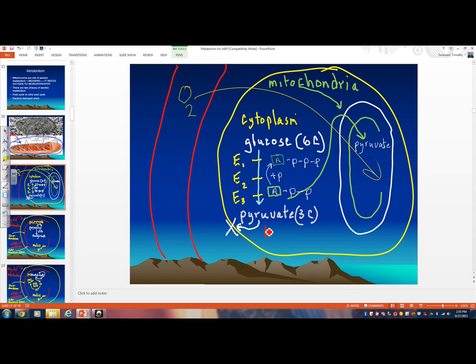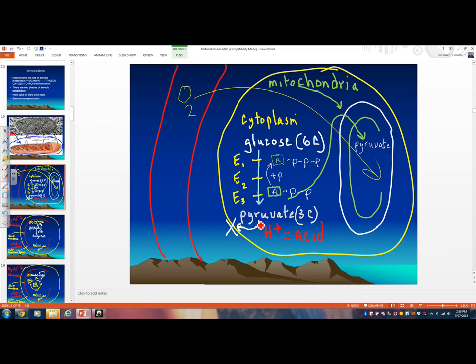When pyruvate is formed, it forms a free-floating hydrogen ion. And any chemical that forms free-floating hydrogen ions is an acid. If you recall, we talked about the pH scale. If the amount of free-floating hydrogen ions goes up, then the pH goes down. So pyruvate can make the inside of the cell acidic. So pyruvate has to be handled.